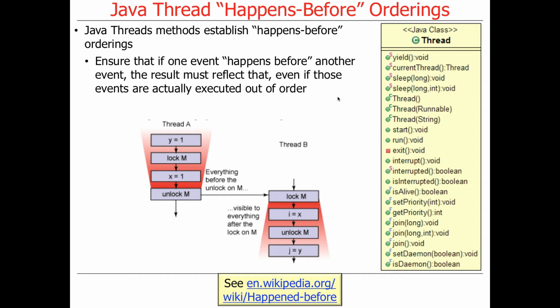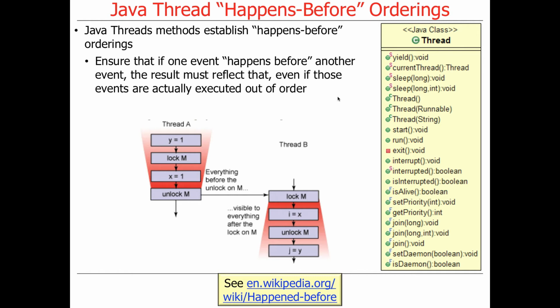So happens before orderings are used to ensure that if one event happens before another event, the result of that one event must reflect that happening even if the events are actually executed out of order. And at this point, most people's minds start to melt down because they're like, what the heck would it mean to have happens before?